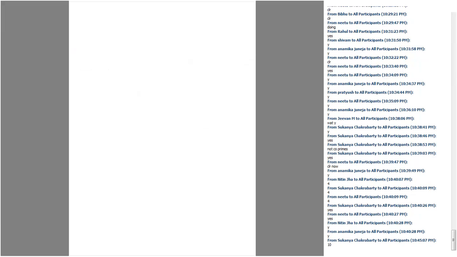Clear? So 36 into 1, 2 possible. 1 and 2 possible or not? 18, 2, 3. 1 and 3 possible or not? 12, 3, 4. 1 and 4 possible, 2 and 2 not possible.